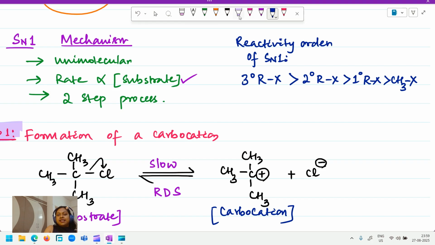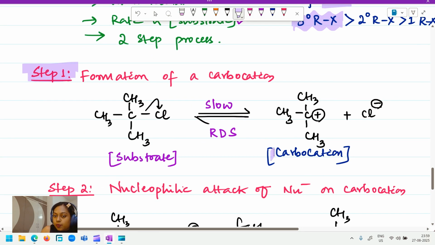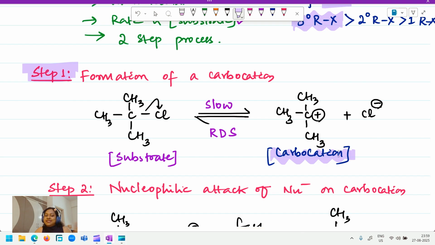So the question still lies, why are tertiary alkyl halides the fastest for SN1? The tertiary carbocation formed is most stable. Most stable should mean least reactive. Is that the question that pops in your head? In the first step, there is a formation of carbocation going on.